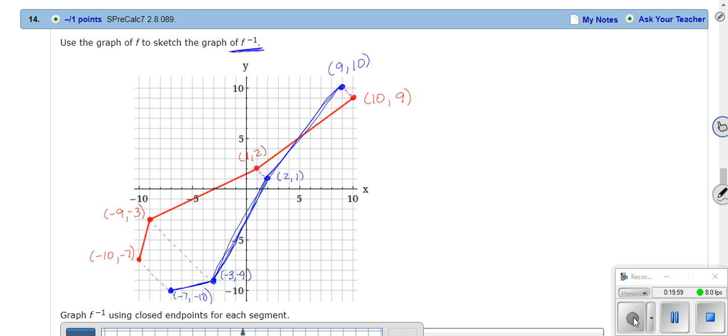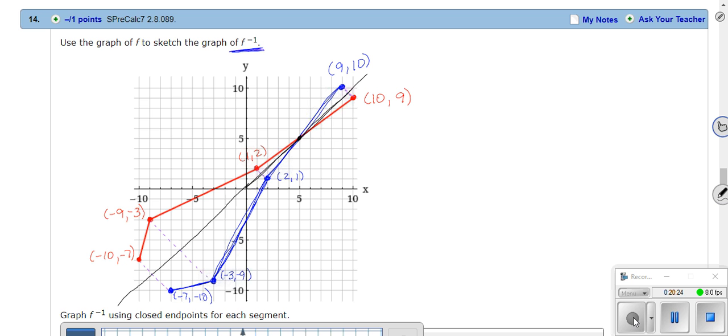Anytime a graph and its inverse are on the same graph, they will always reflect about the line y equals x. If I were able to fold the board, this black line should have gone through the point where the red and blue lines cross, if I could draw correctly.